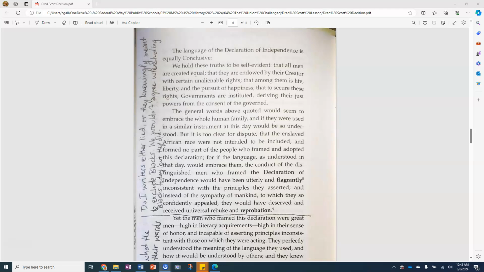So either they're lying, or it didn't occur to them that it would be interpreted any other way. Okay. So we wouldn't agree with this assessment today, okay? But that's what he's saying back then.